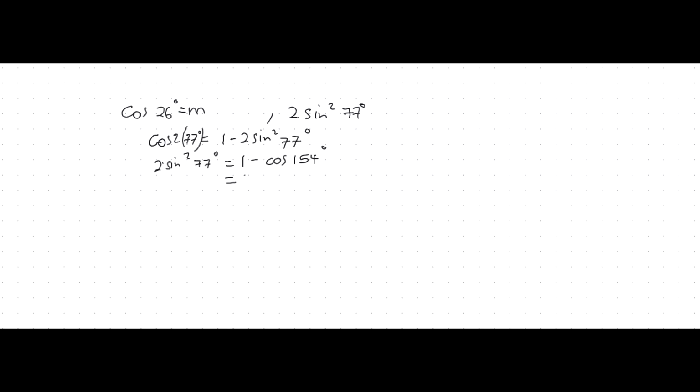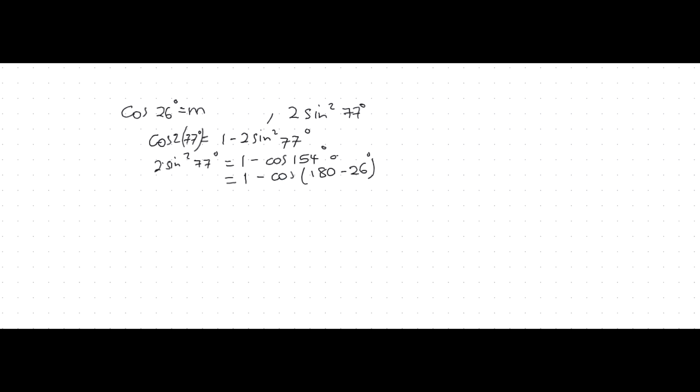So what I can do, for cos, I can write the 154 using the reduction. It's 180 minus 26. 180 minus 26 will give me the 154. And you see now the 26 that I have as my cos 26 is appearing. So now you can just use the reduction. This is the second quadrant where we'll have a negative cos.